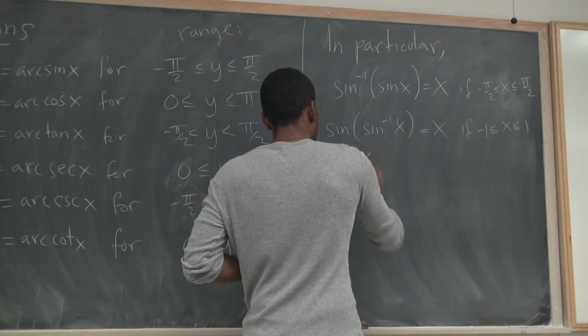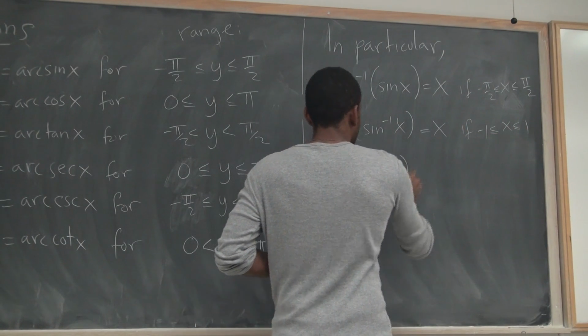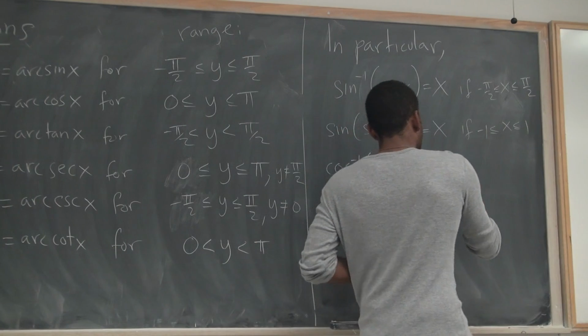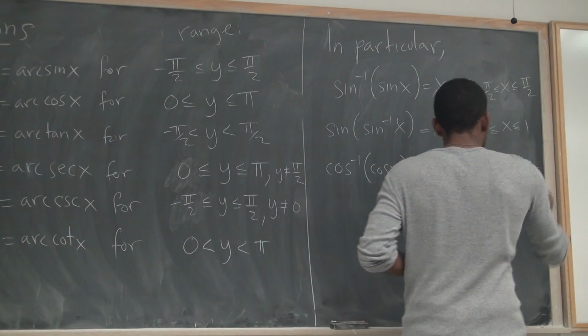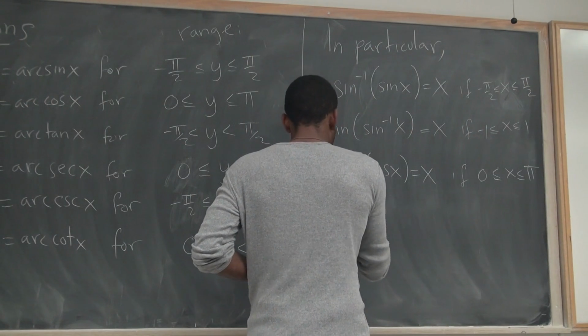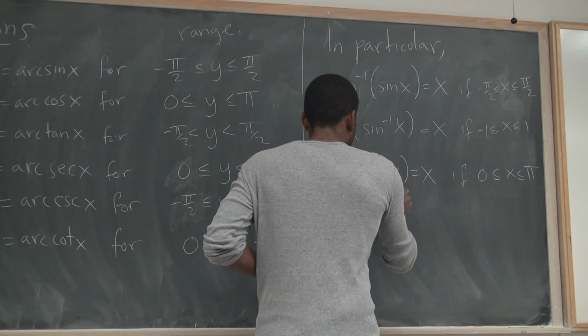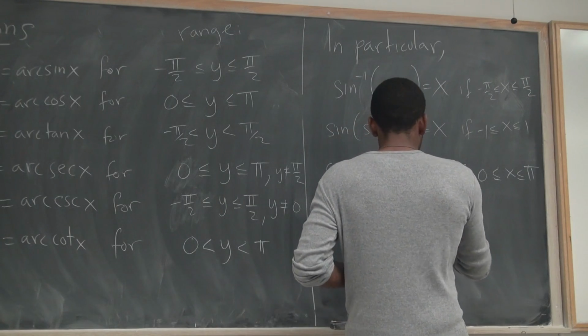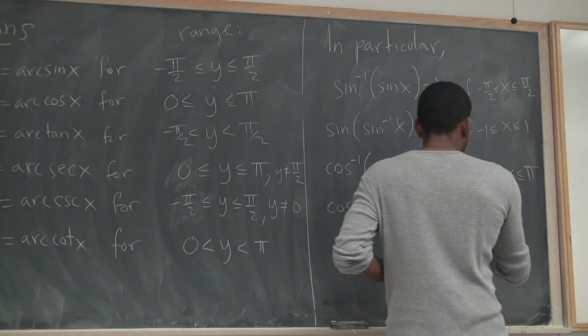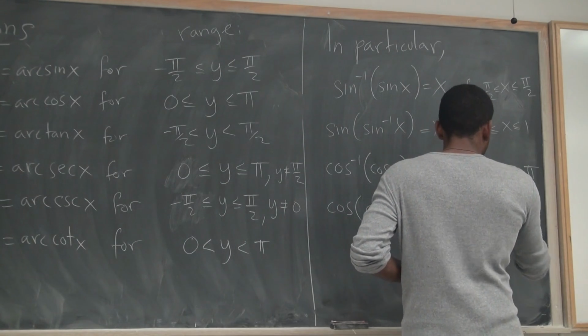Cosine inverse of cosine x equals x if x is between 0 and pi, and cosine of cosine inverse of x equals x if x is between minus 1 and 1.